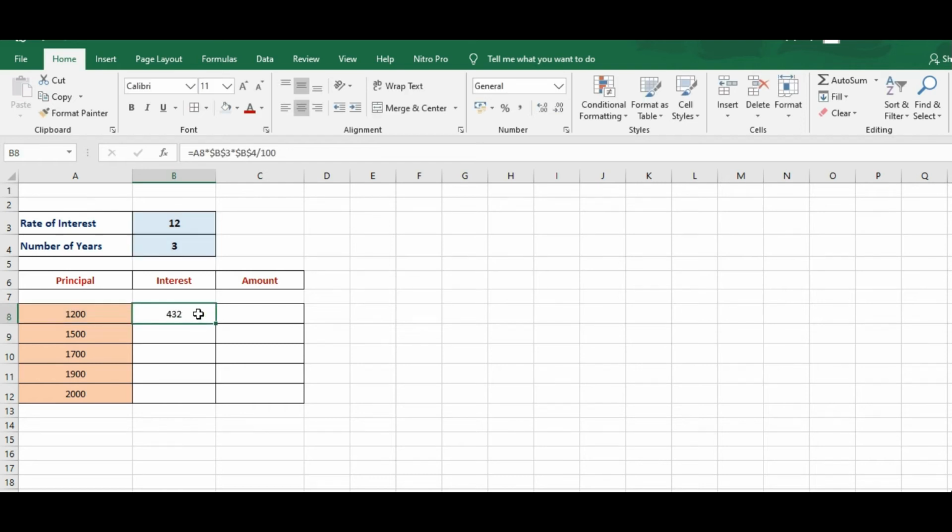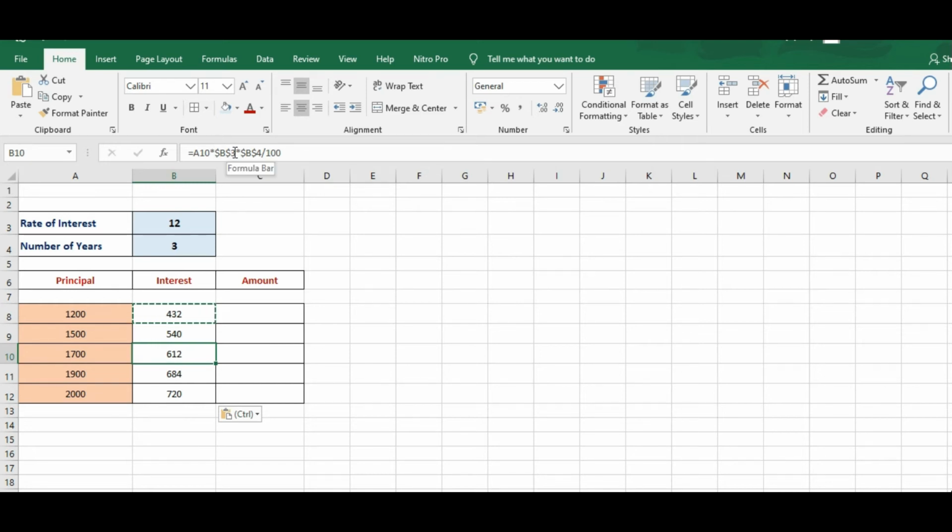Now again, if we copy this and paste it to another cell, you can see that each and every time the reference will remain B2, and the reference will remain B3 and B4.